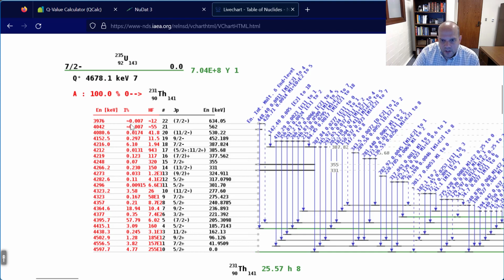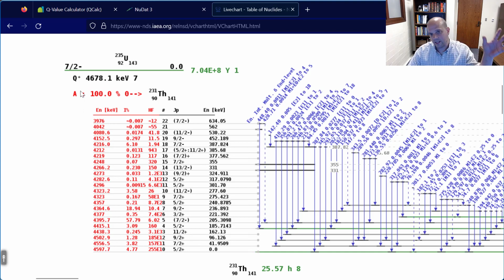And we can see that most of the time, right here, a little over half of the time, I'm going to go to the fifth energy level of that thorium-231 nucleus. And the second most common is going to be up here at the seventh energy level. And then I've got some that are similar to each other. Got one that's 6%, and anyway, you add all these up and you get 100%, obviously.